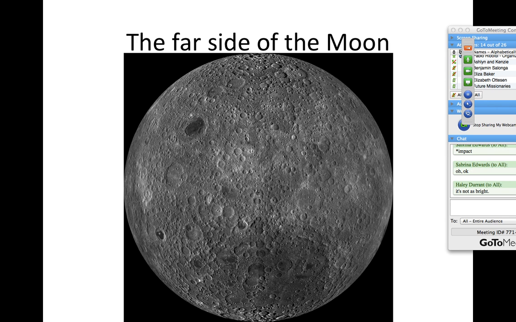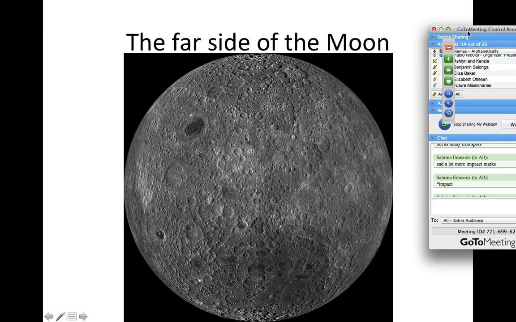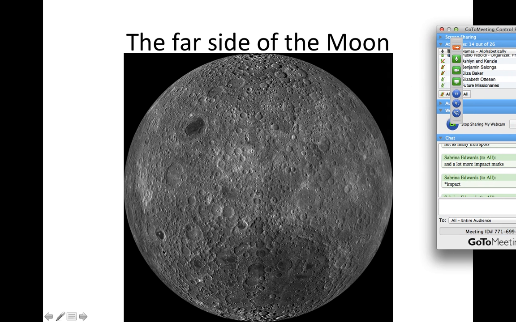And yes, you see that there are a lot more impact marks on the far side. There are lots more craters on the far side than on the near side.